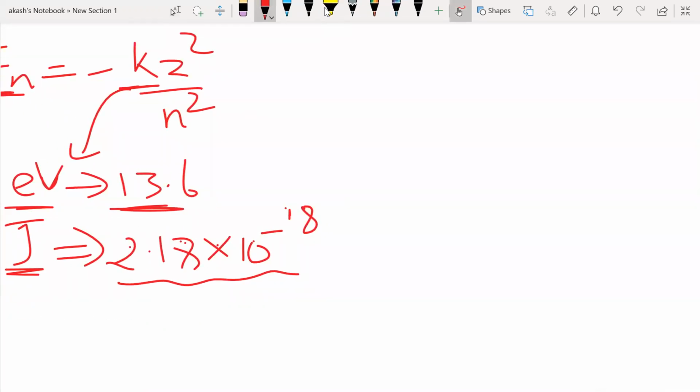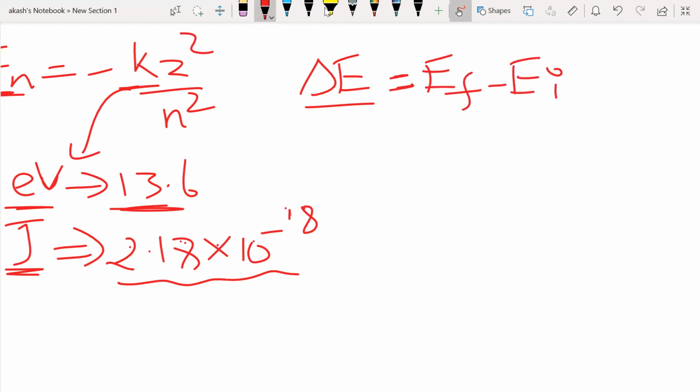Then we'll speak about the transition energy. Delta E is my transition energy, if an electron shifts from one orbit to another. Always remember, it is E final minus E initial. Ef is where the electron is going, and Ei is where the electron is coming from. I can take k Z squared common, only n varies.